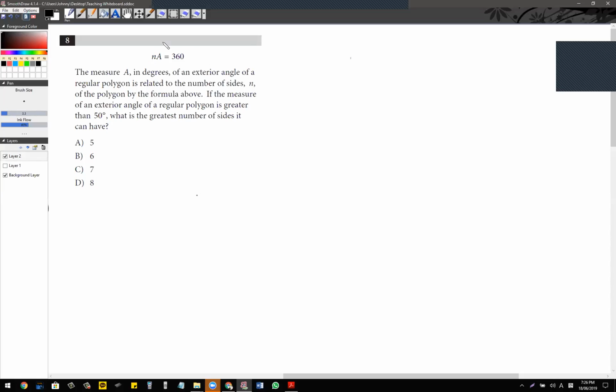So let's talk about the meaning of this. If you have a regular polygon like this, it's four-sided, right? This is 90, 90, 90, 90.